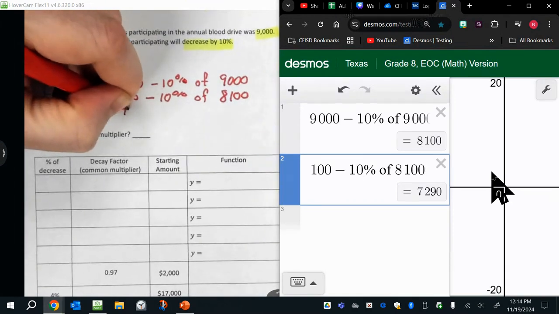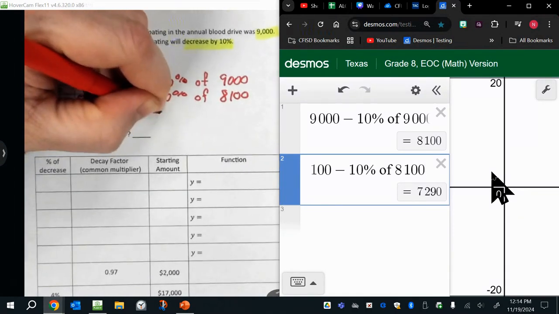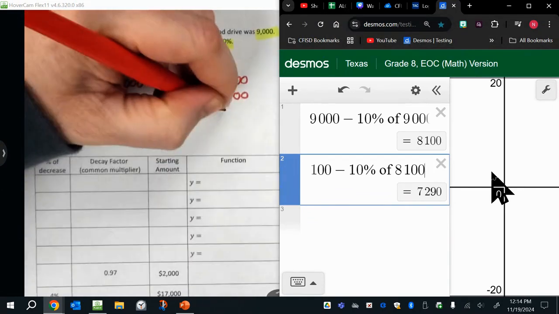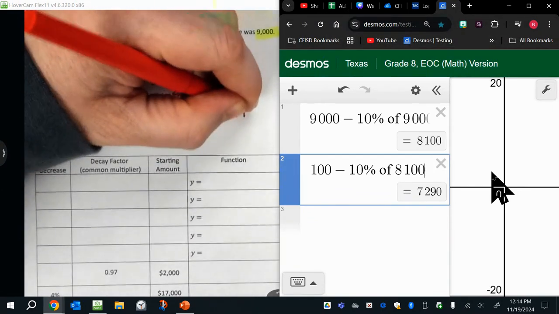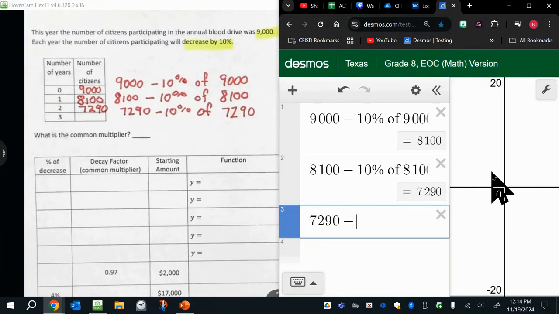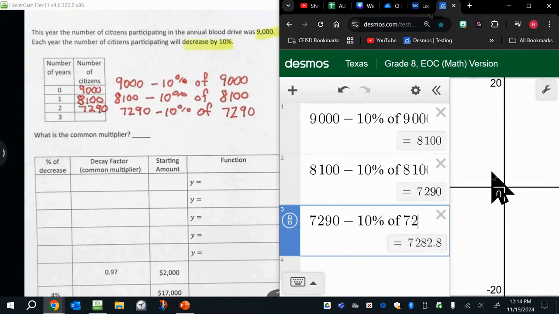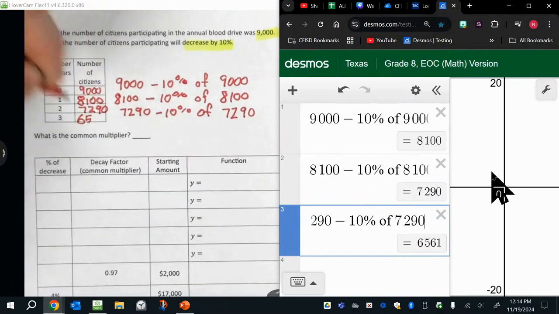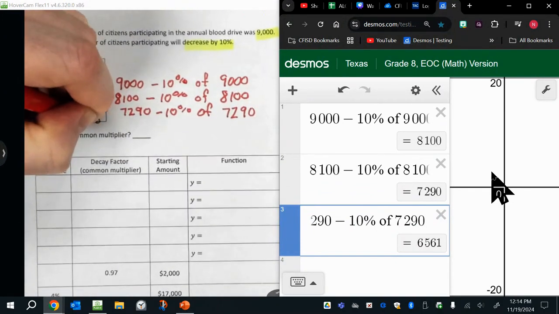Again, I would take 7,290 minus 10% of 7,290, and that'll give me the next number. And I get 6,561.